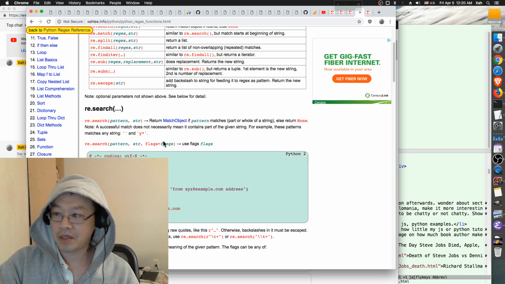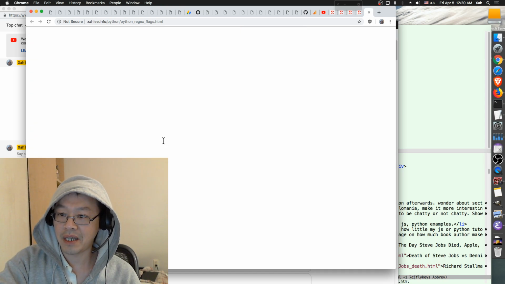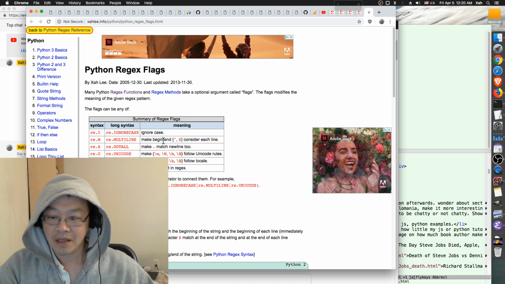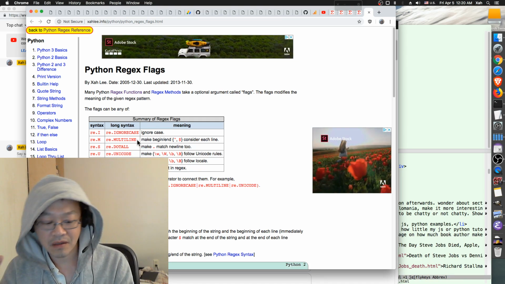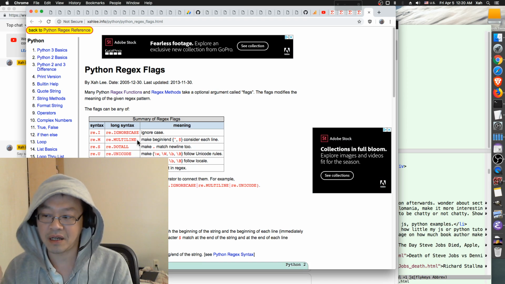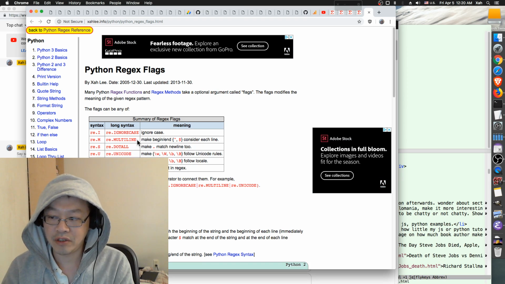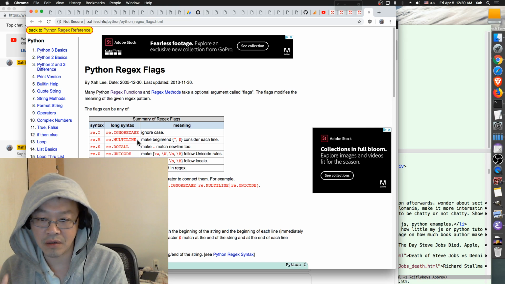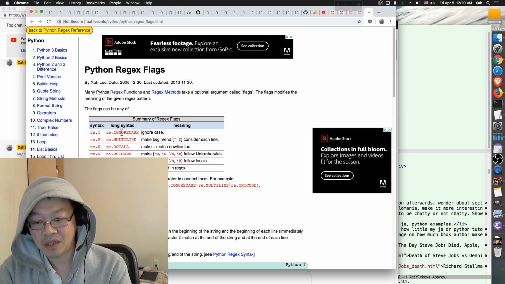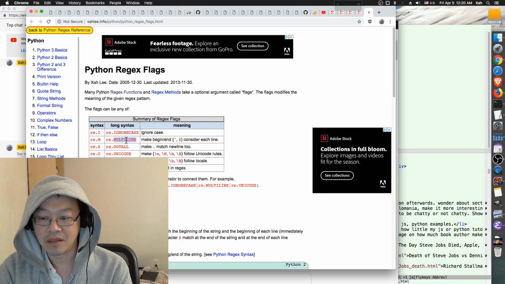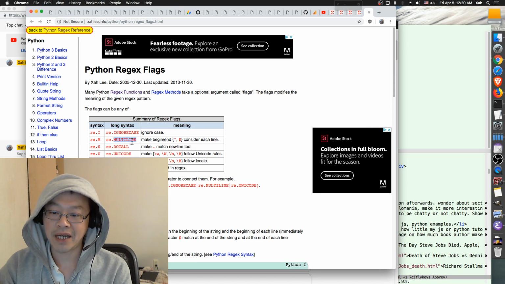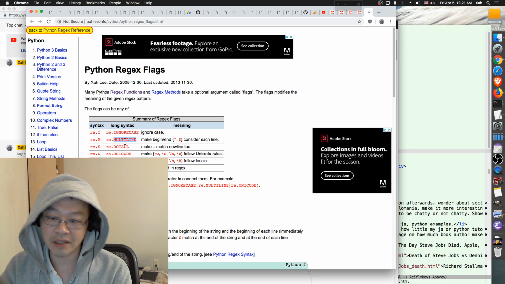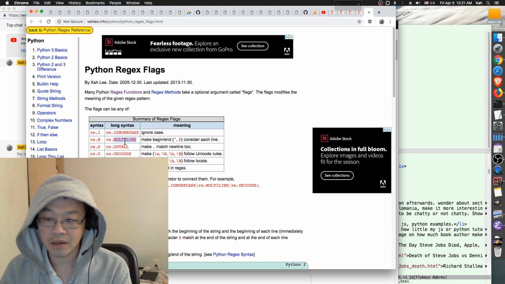So what do regular expression flags do? Basically, they are like optional tricks on how the language interprets your pattern. Basically, whether you want to ignore case, whether some of the patterns should match multi-line or not.